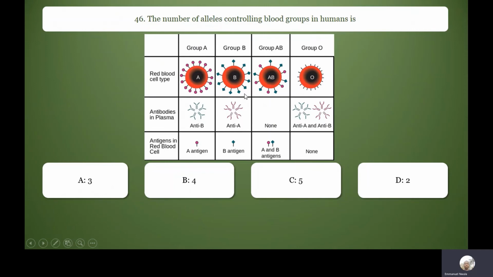Okay, the number of alleles is actually 3. So A is the correct option.